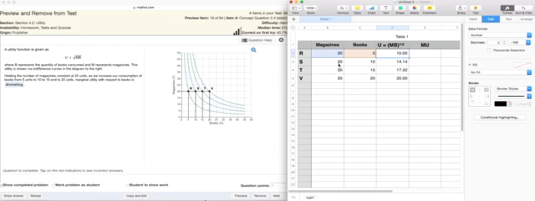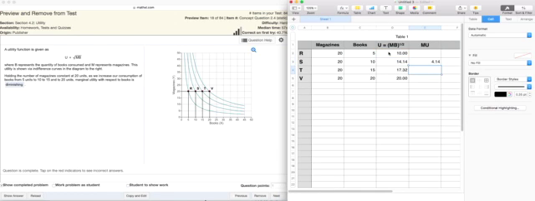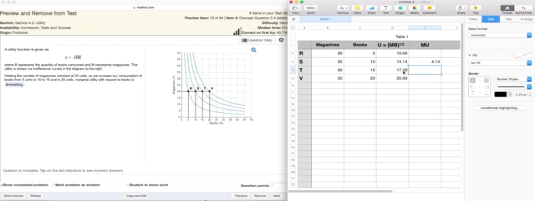When we move to 10 books, keeping the number of magazines constant, we end up with a utility of 14.14. So if we just subtract 10 from 14.14, we get 4.14. So the marginal utility of those 5 books is equal to 4.14. We can do the same thing for each of these.